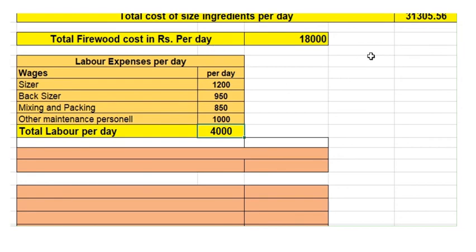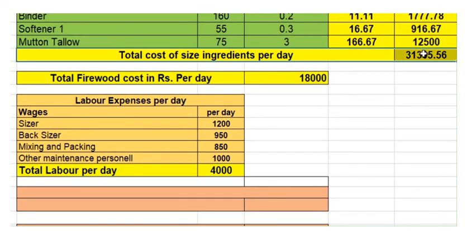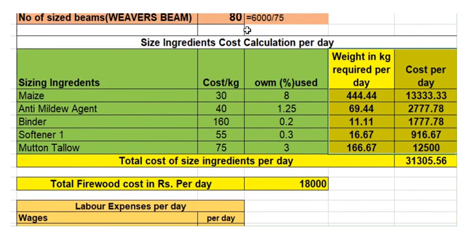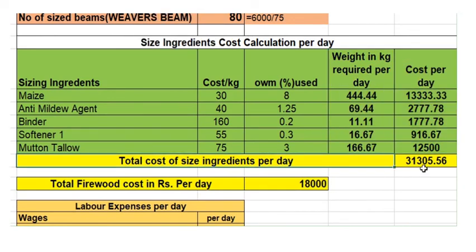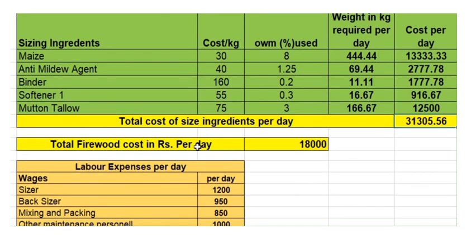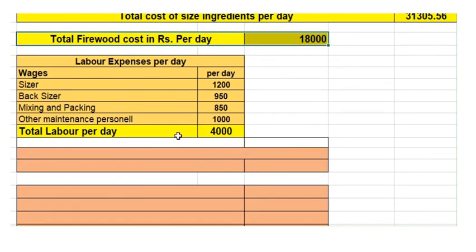We will change the color here. So the first cost calculation is the size ingredients, then the firewood cost, and then labor per day. Next, we'll go into the other expenses that occur per day.